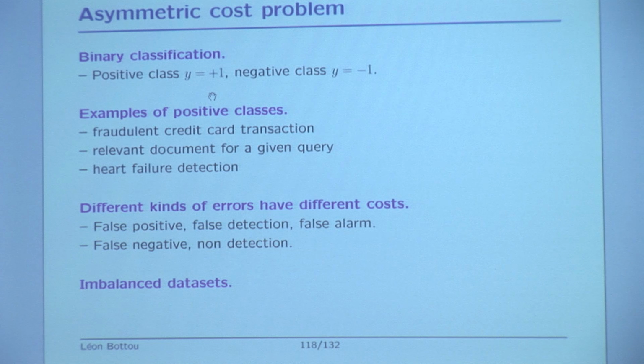But if you're the maker of the pacemaker, the problem is that when people receive an electric shock for no reason, they complain. If they don't receive an electric shock when they should, they don't complain. So the point of view of the builders of the pacemaker is slightly different. And of course, the balance is difficult to strike. It's not that simple.